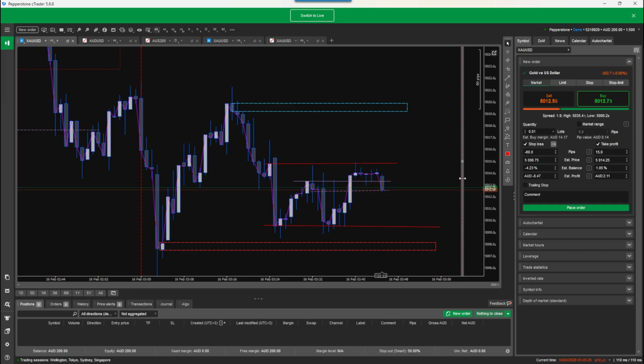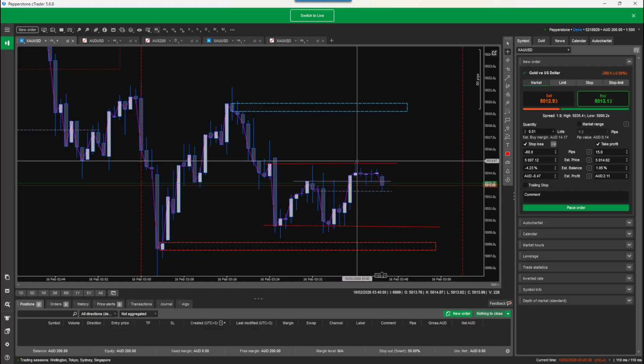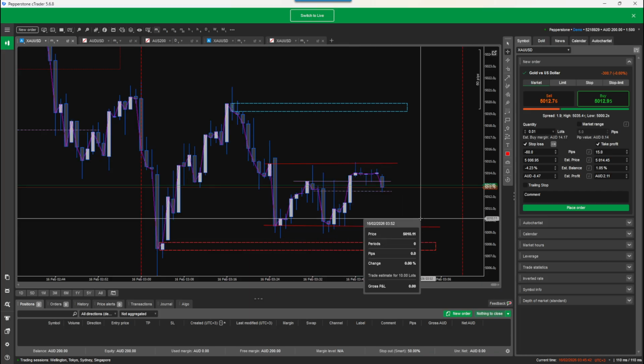And to get a bit of a sense of it, the top of that wick just there to the bottom of there is 60 pips.